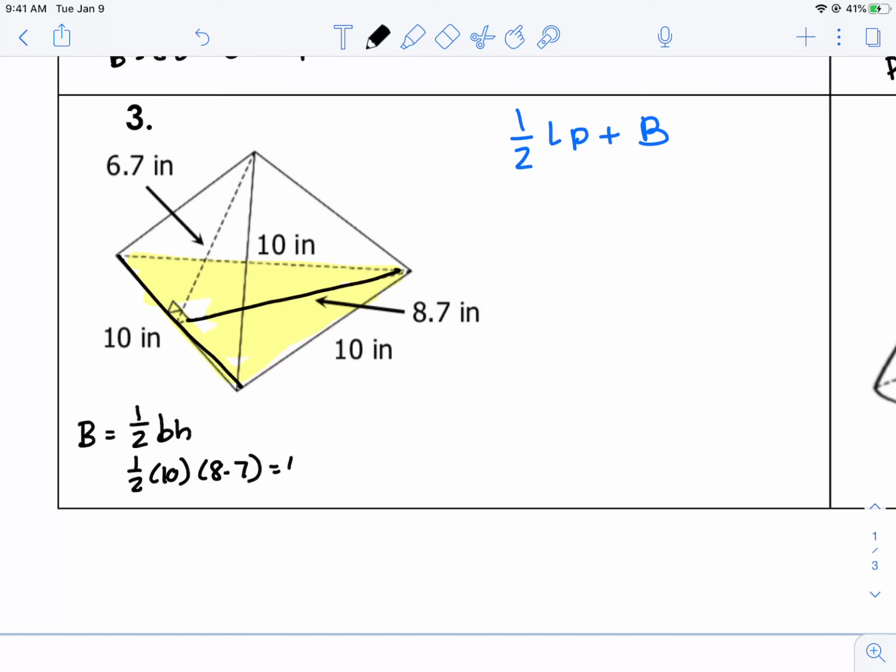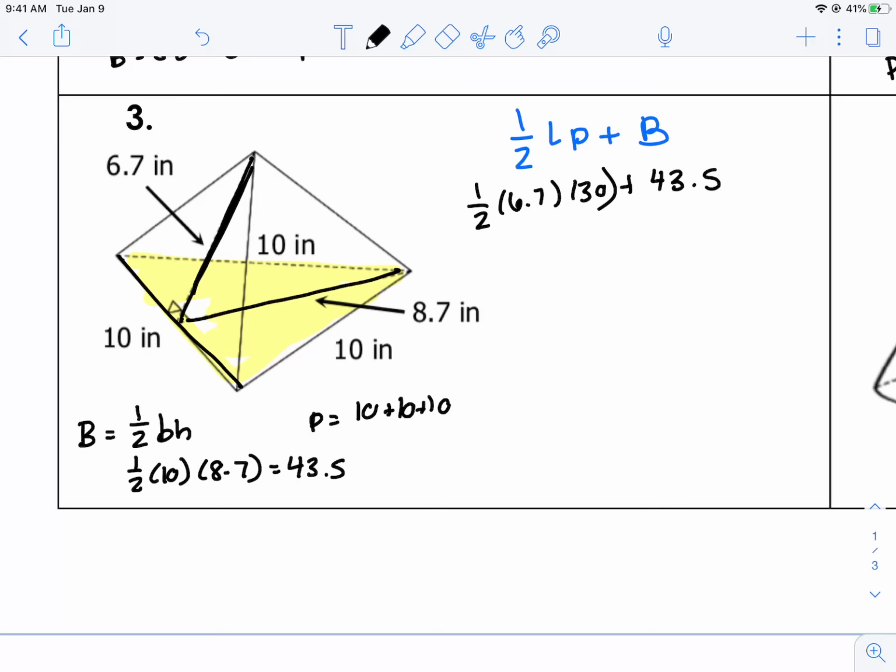And that gets me 43.5. Okay, my slant height, they give it to us, it's 6.7. And then the perimeter of my base, so it's 10 plus 10 plus 10. It's an equilateral triangle, so that's 30. Okay, plug that in, and I get 144 inches squared.